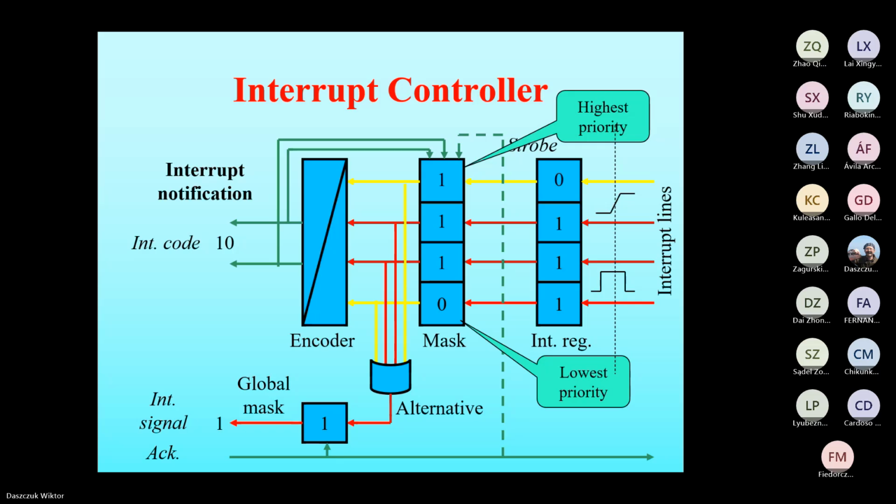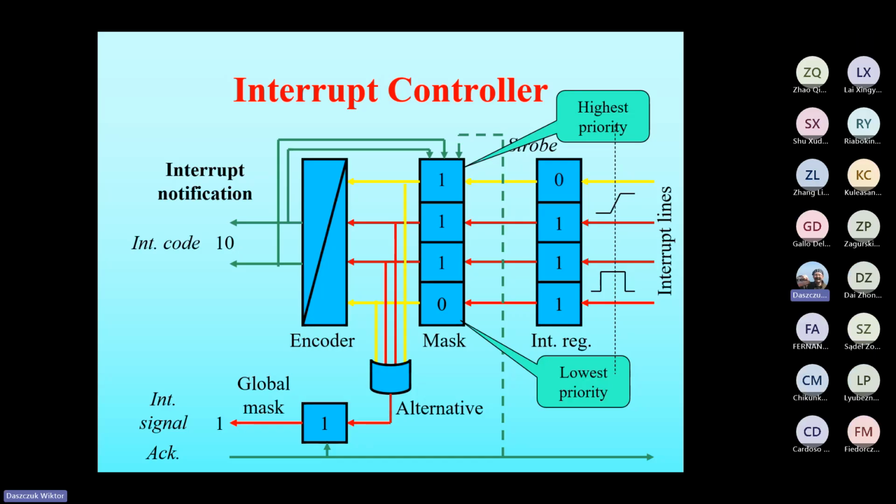Okay. First register is just to synchronize interrupt signals that come to the processor in asynchronous mode with local clock. So the role of this register is limited. This is very important. This register is interrupt mask.